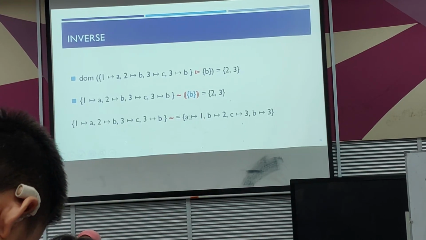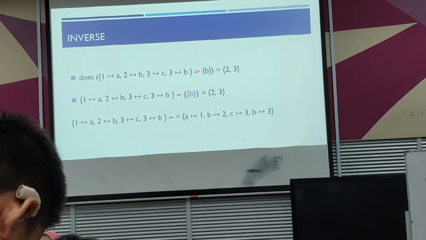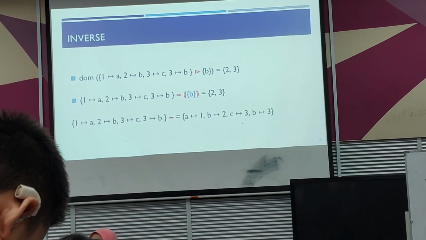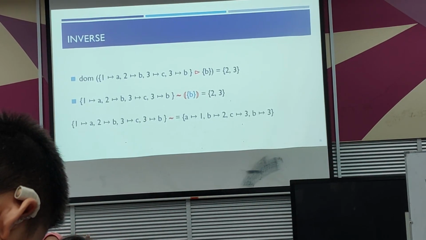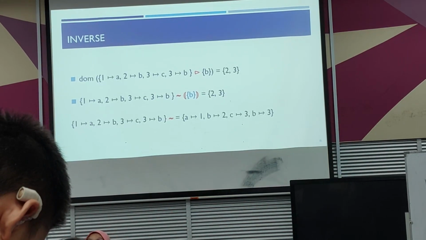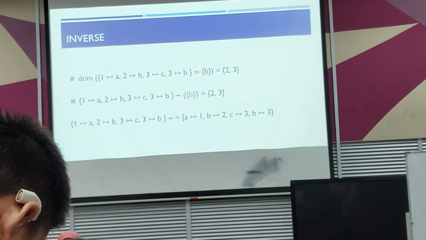Then you can do searching. Because for the relational image, remember, it is only the domain data to be searched, not the range data. So you have to swap the place for you to search if you want to use the relational image.